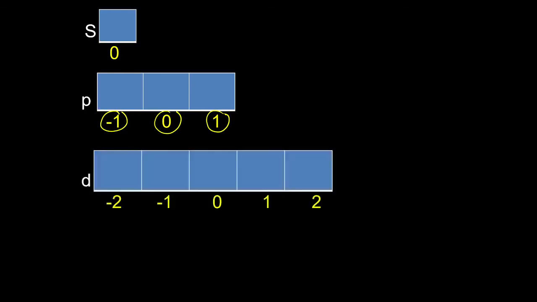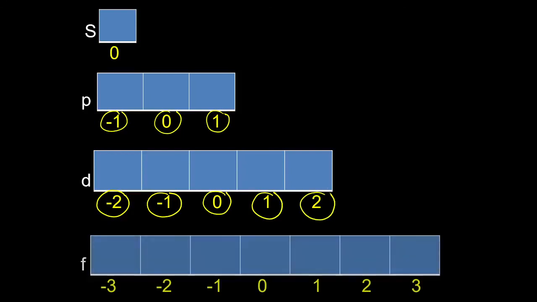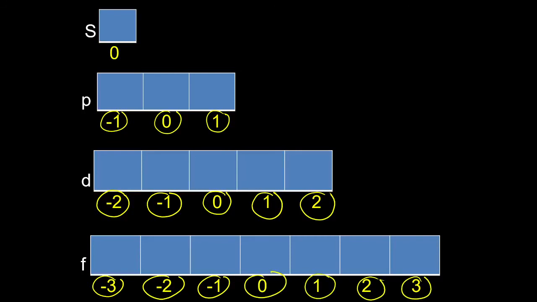Ang D orbital, mao ni siya ang negative 2, negative 1, 0, positive 1, positive 2. Ang F orbital, we have negative 3, negative 2, negative 1, 0, 1, 2, and 3. So, those are the different numbers nga ibutang ninyo sa inyong orbital diagramming later on.